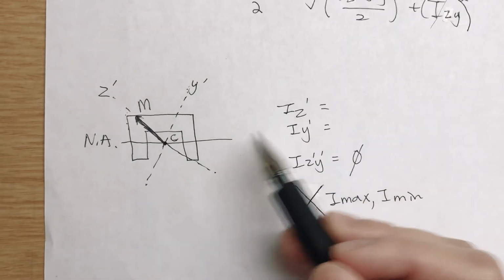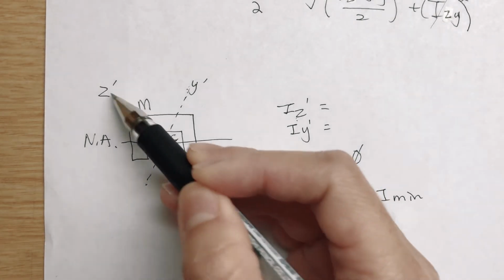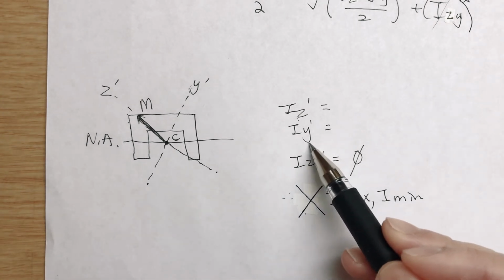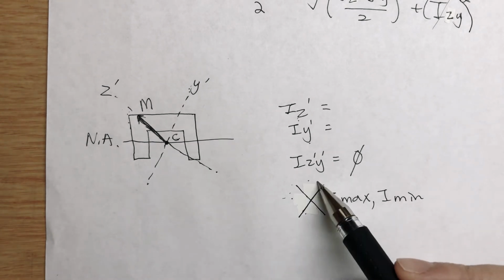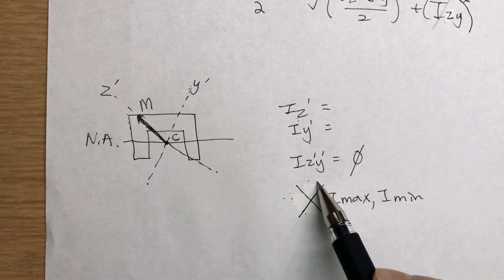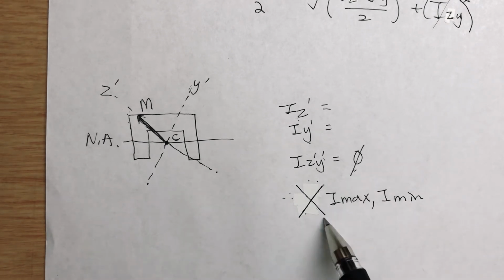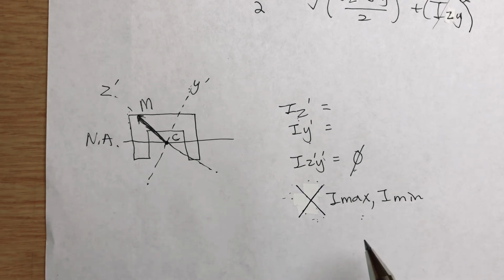If we found the moment of inertia with respect to z prime, this new z-axis, and this new y-axis, the moment of inertia with respect to the y prime axis, we would find that this value would not be 0. So you would not get the maximum and minimum values for a moment of inertia. Okay.